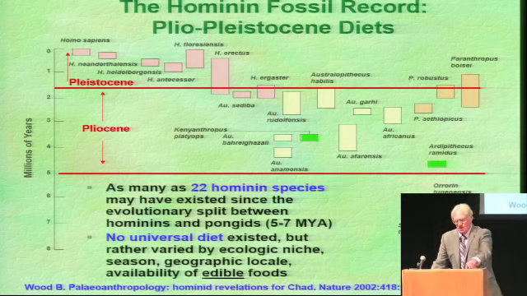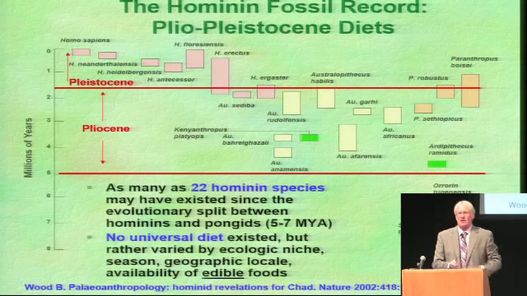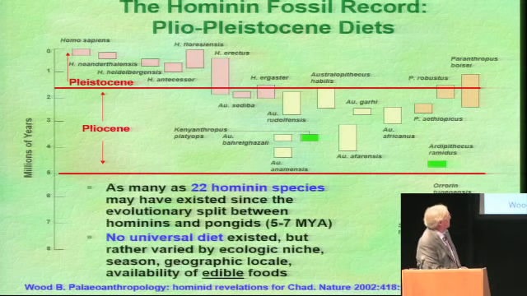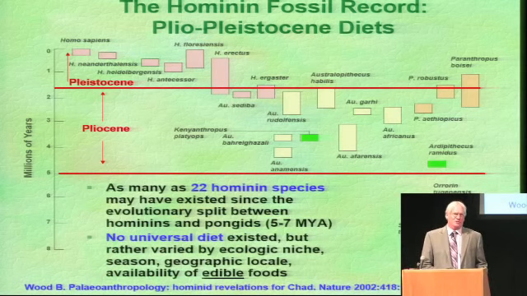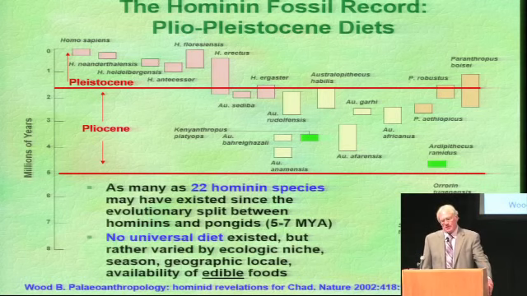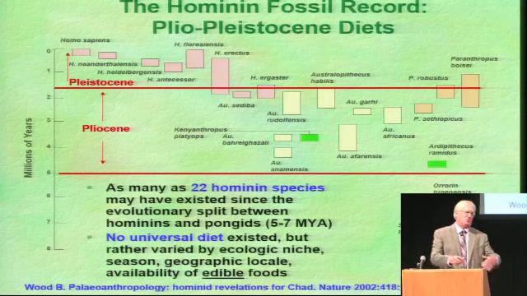If you look down here, the way this chart is set up is that this is the time frame in millions of years, and the earliest hominins, and these may have been pongids or apes, appear in the fossil record between 5 and 6 million years ago. Mitochondrial DNA evidence as well as nuclear DNA evidence supports the archaeologic evidence that that was a split between pongids, apes that walked on all fours, versus ourselves that walk on two.